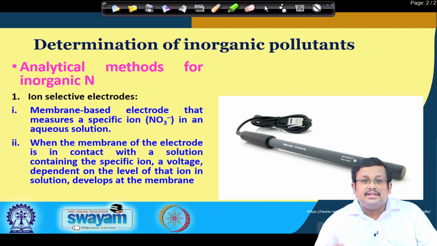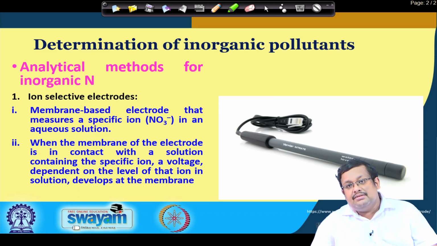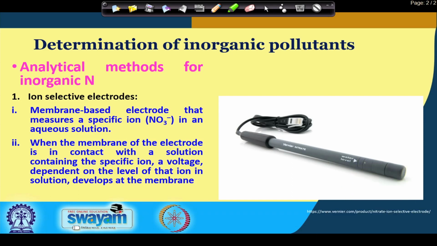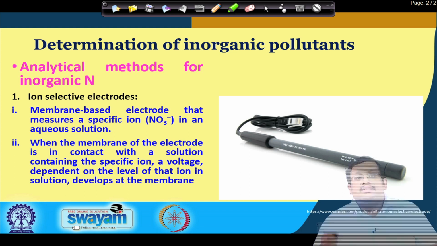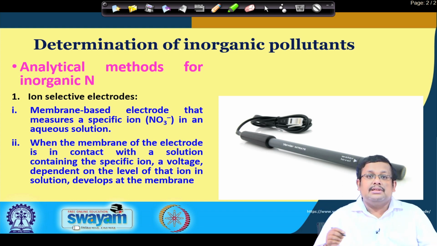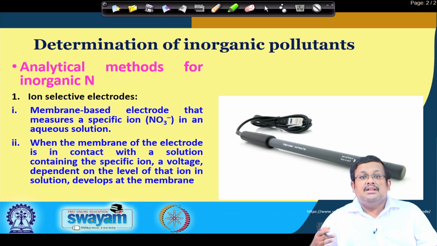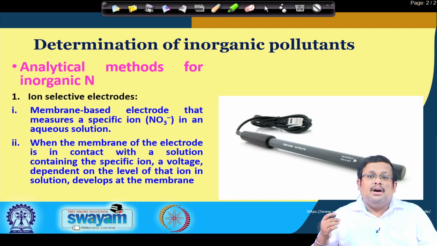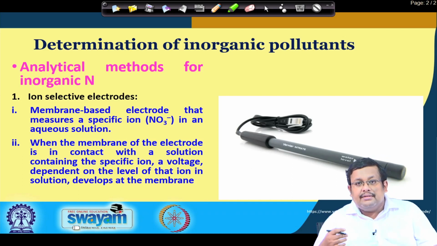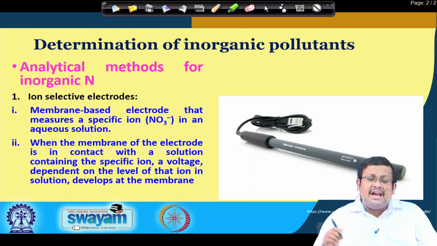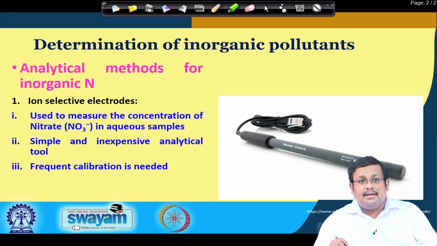These are membrane based electrodes that are sensitive to a specific ion in aqueous solution, in this case the nitrate ion. When the membrane of the electrode is in contact with the solution containing the specific ion, a voltage difference is developed across the membrane, and that is basically measured in this ion specific electrode, or ISE.